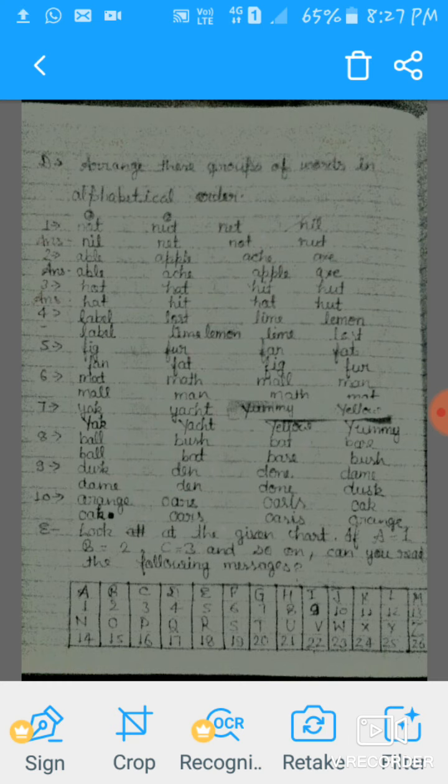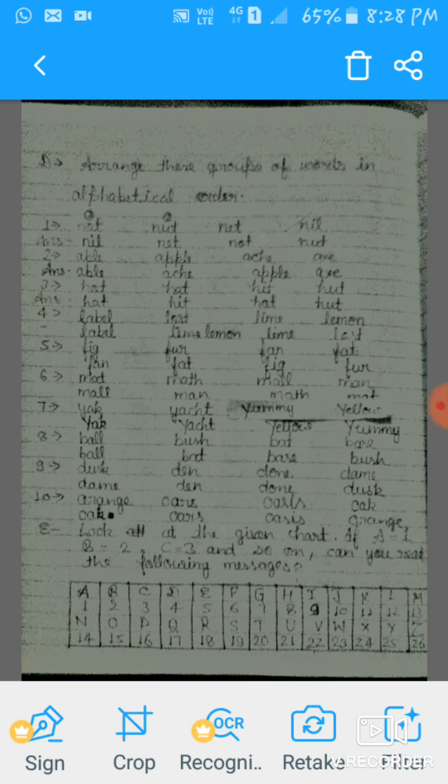Which letter comes after the first letter? Okay, first here is a group of words, okay. First is not, nut and net, nil, okay. And you will arrange these groups of words.